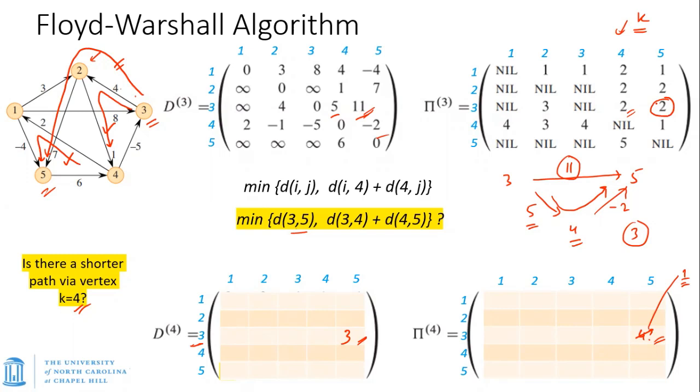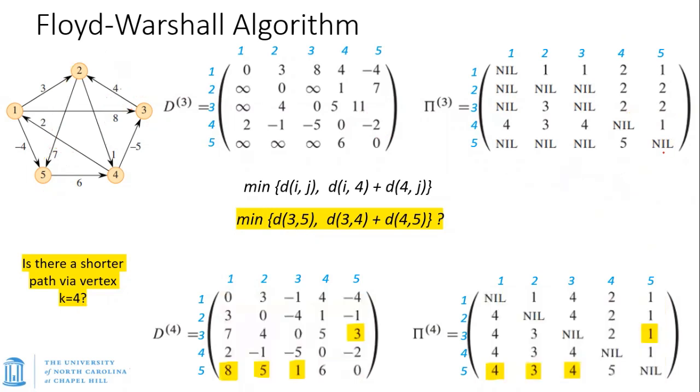How would you find out the shortest path if you want to use this predecessor matrix? You're trying to get from 3 to 5, and it says the predecessor to 5 is, sorry, the wrong graph. So here is the actual matrix. This is the predecessor matrix.